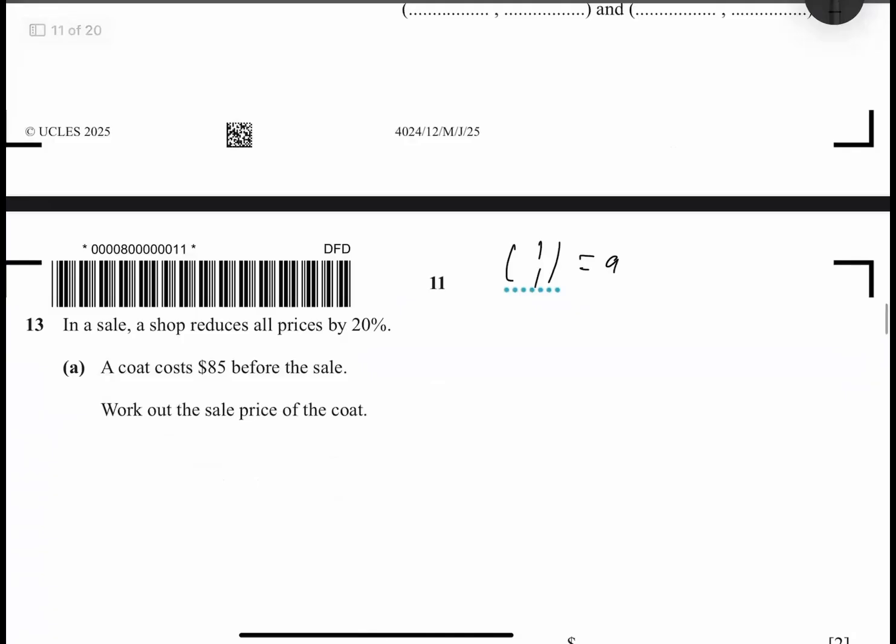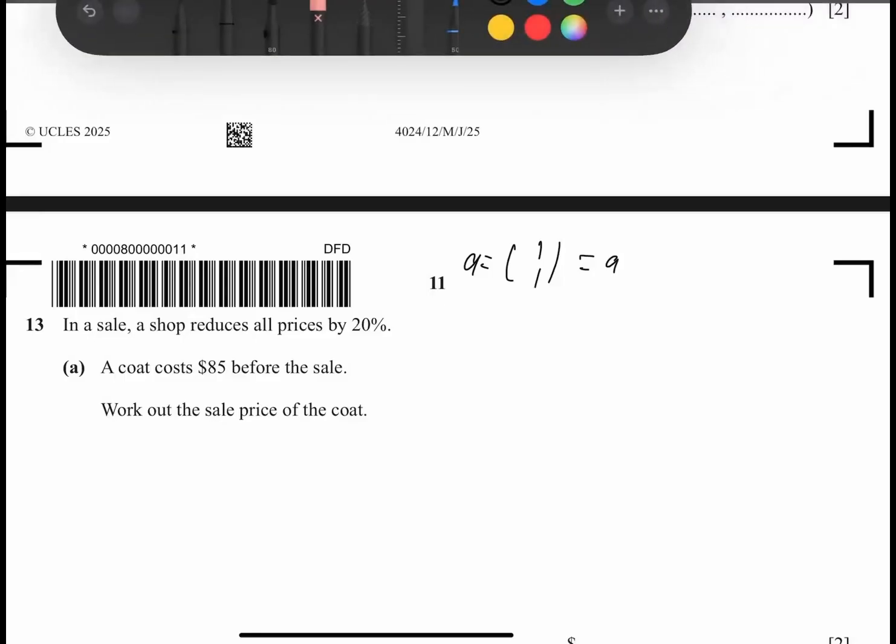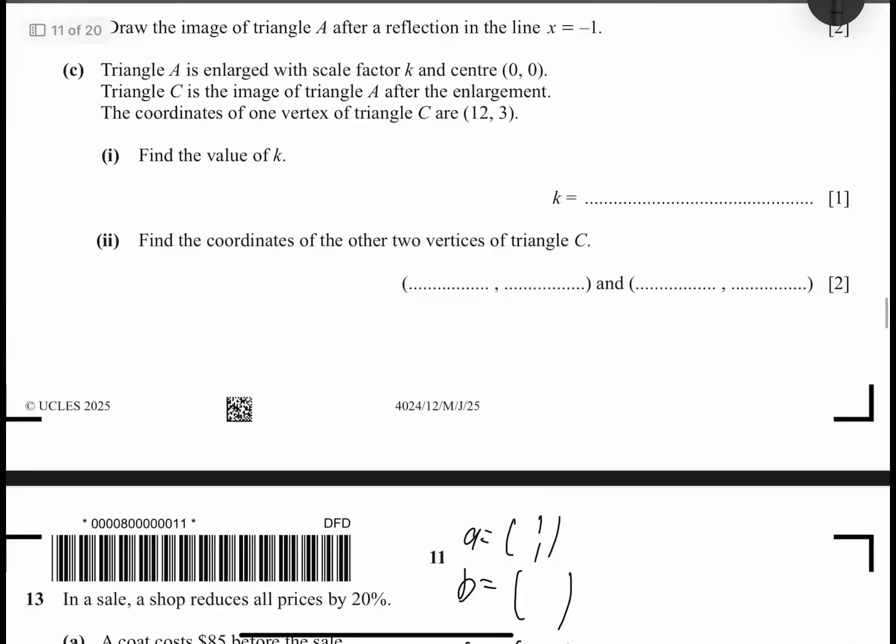A is equal to 1, 1. B is equal to, what is B equal to?